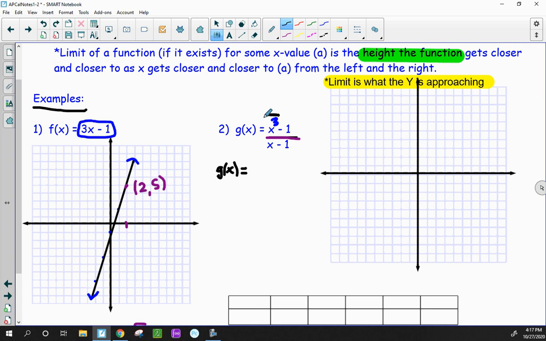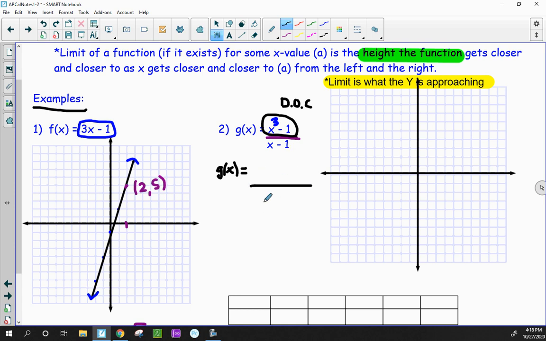One thing we need to notice is that this is a DOC problem. That's why it's different. It is a difference of cubes, and we learned in Algebra 2 how to factor those. We just have to remember now.